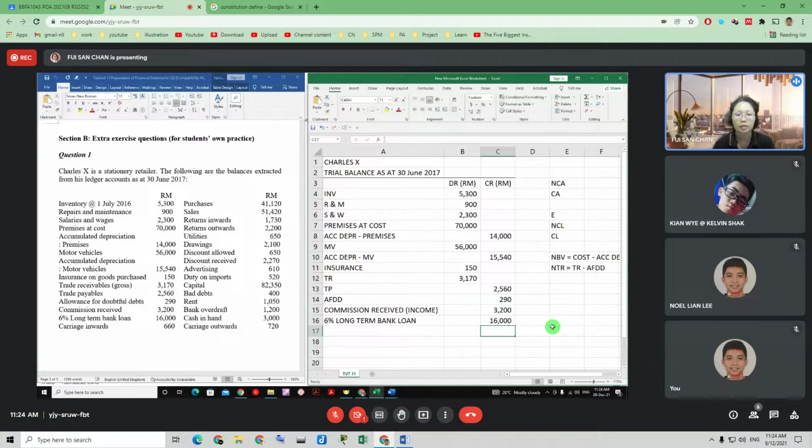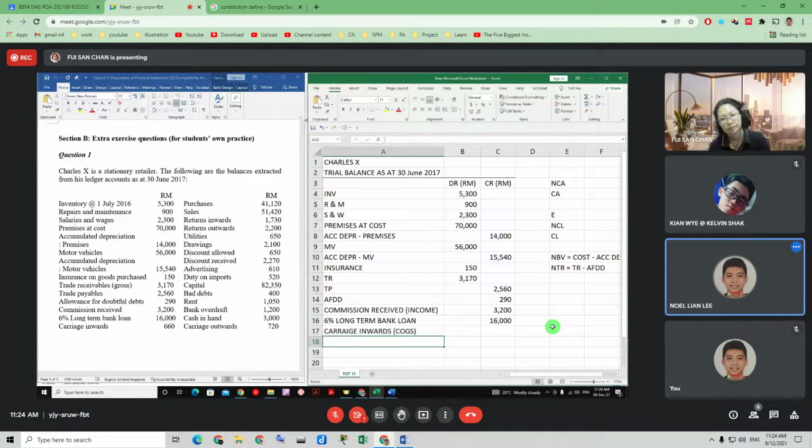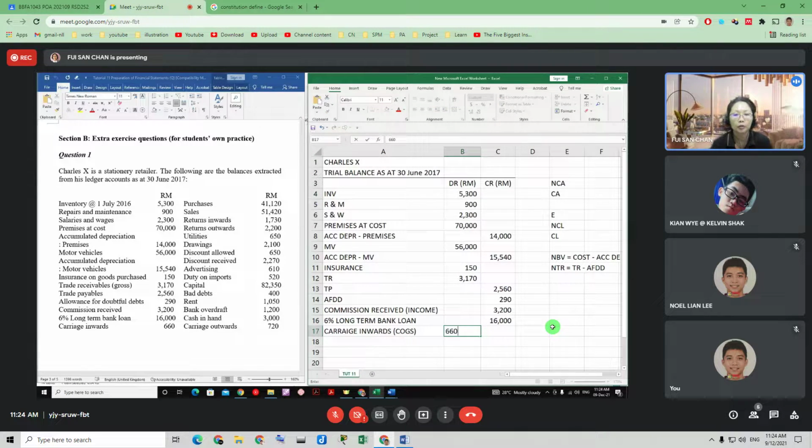How about carriage inwards? Where do you put carriage inwards? Cost of goods sold. Yes, this is actually part of cost of goods sold. So debit or credit? Debit, because it's part of your cost of purchase.